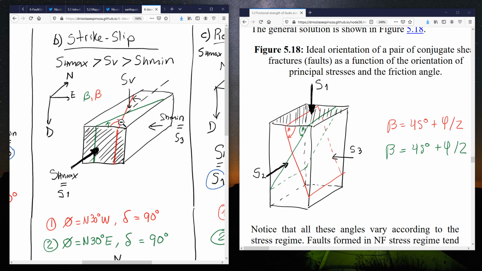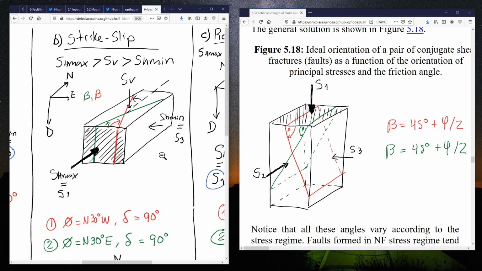So 60 is here, therefore this one is a complementary angle, which is 30, and the strike is going to be 30 degrees from the north towards the west. And for the green fault, that's going to be 30 degrees from the north towards the east.